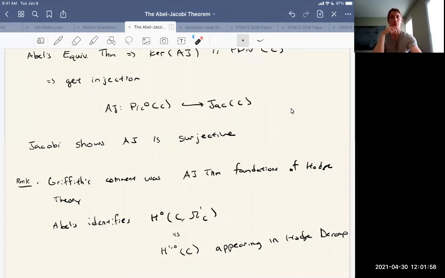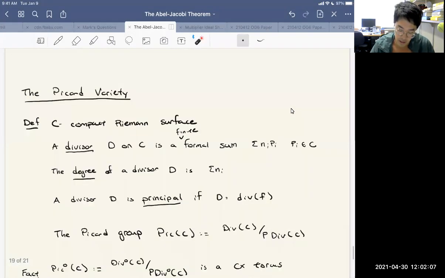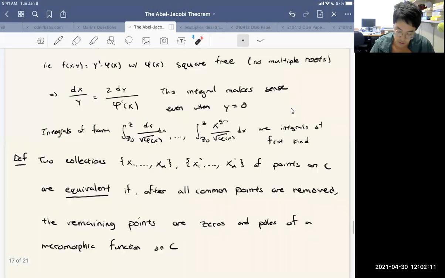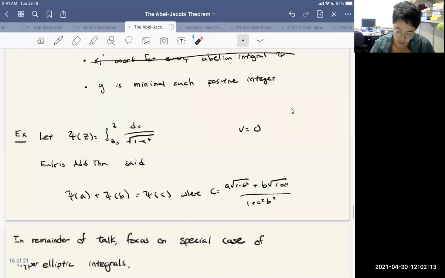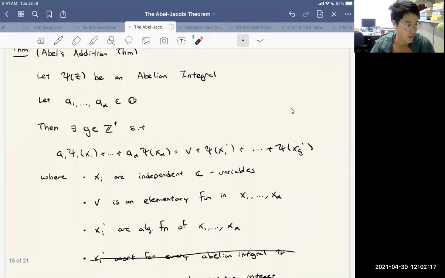Right. So I didn't fully understand what Jacobi was doing when I was reading this, but he was also looking at these integrals, these Abelian integrals. He's looking at this addition theorem. And he was asking which functions can have Abelian integrals as the inverse.